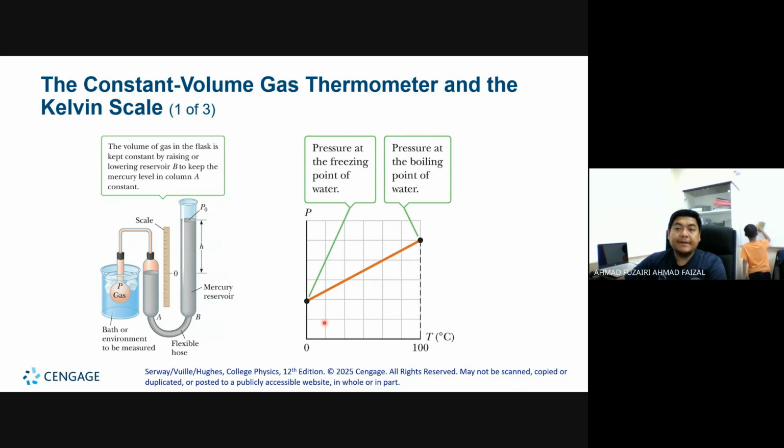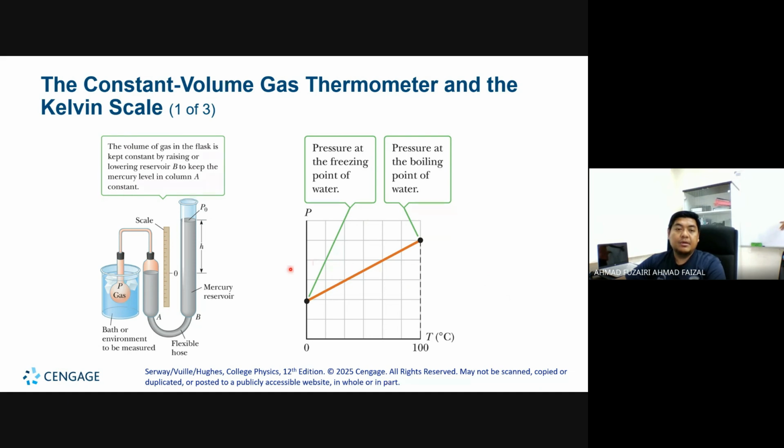You can see here in the left figure, a constant volume gas thermometer measures the pressure of the gas contained in a flask immersed in the bath. On the right, you can see a typical graph of pressure versus temperature taken with a constant volume gas thermometer.